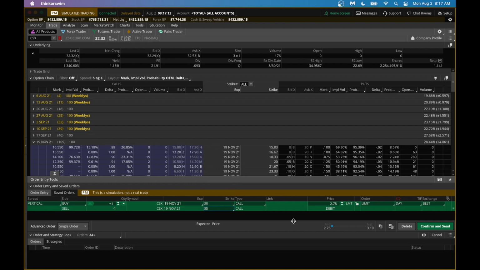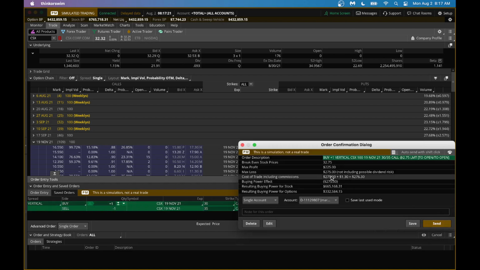There you go. You pay $275, and the remaining portion of $5 is your profit potential. So if I confirm and send here, you pay $275 to make $225. A little bit less than a double-your-money type trade here. Your break-even point is 32.75, just above the current stock price.